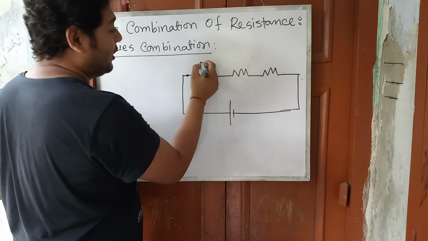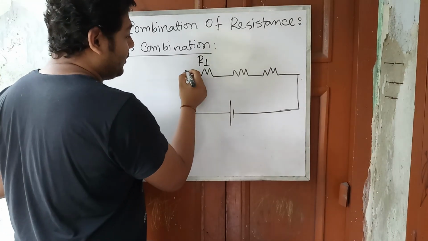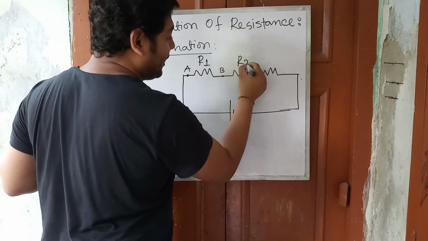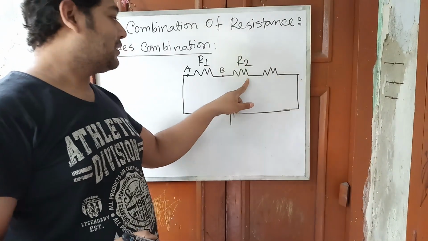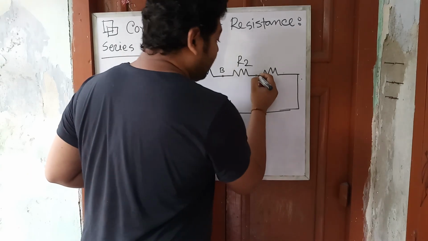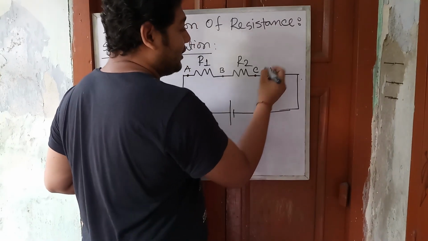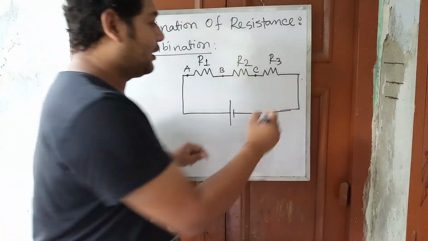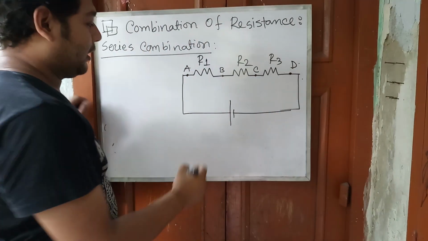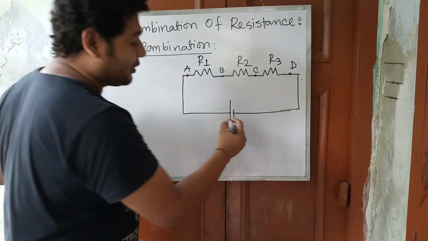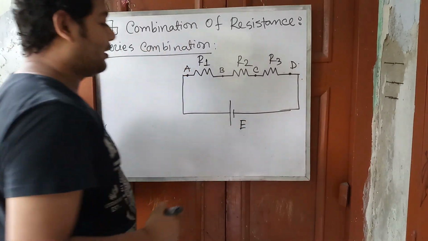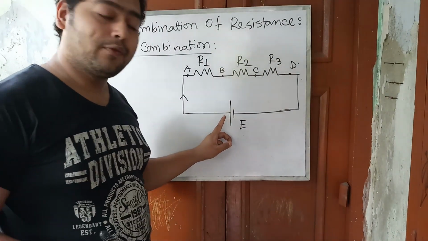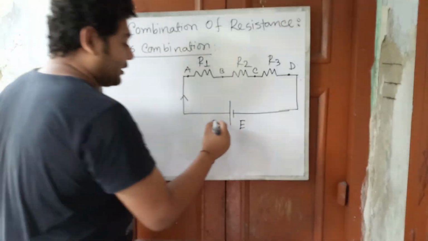If the starting point of the resistance R1 is A and the ending point is B, then the starting point of the second resistance will be B. If the ending point of resistance R2 is C, then the starting point of resistance R3 will be C, and the ending point is D. And here we will use a power supply, called EMF, denoted by E, and we know that current always passes from the positive side of the battery.